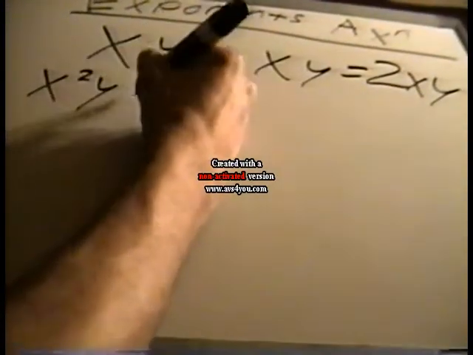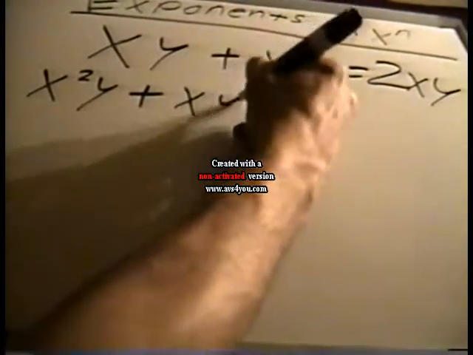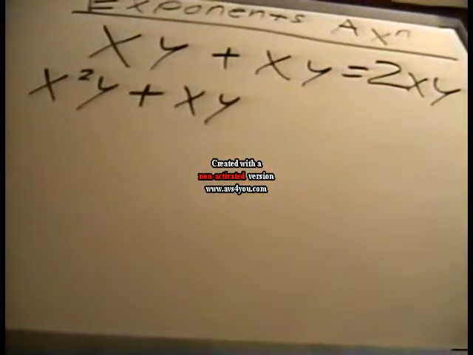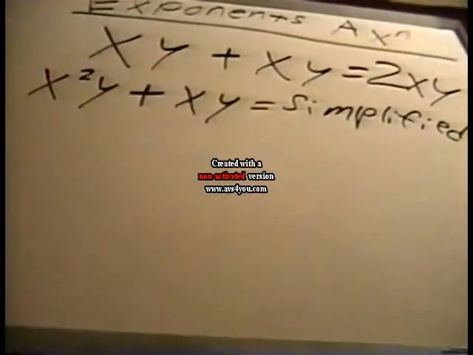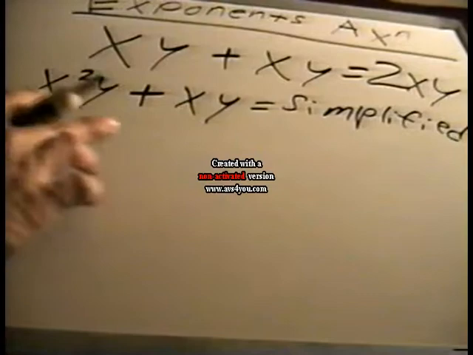They're unlike terms because x has no number and 2 has no variable. If it did, we would say x to the power of 0, which is 1. But also, if you notice, the degrees are different.